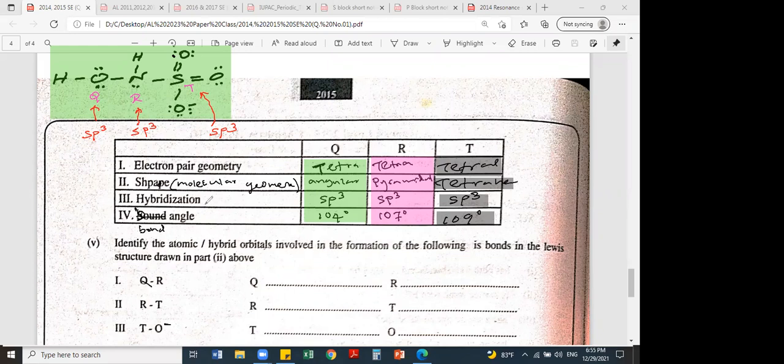This is kind of a stupid question, asking again and again, because in the previous one they asked the hybridization of each atom, and then they ask again. This is not a good question because it is a repetition of the previous one. sp3 we have already predicted for Q, and R also we have predicted.